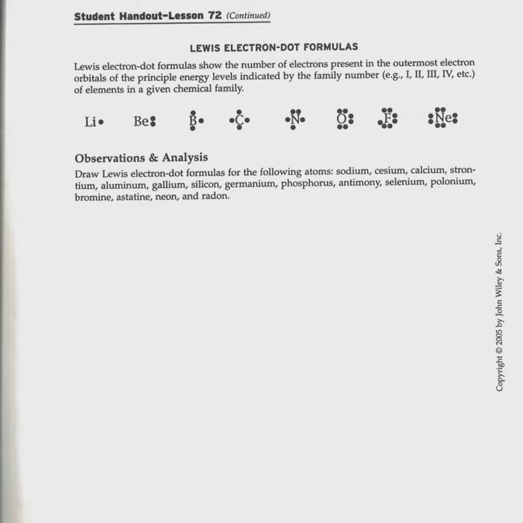So lithium has 1 valence electron in our periodic table. Beryllium has 2. Boron would have 3. Carbon would have 4. Nitrogen would have 5. Oxygen would have 6. Fluorine would have 7. And neon would have 8.